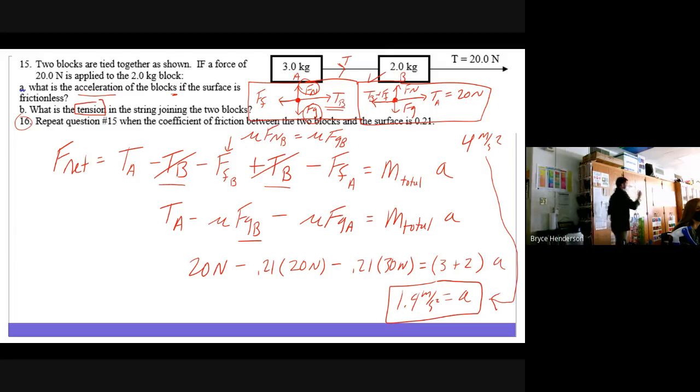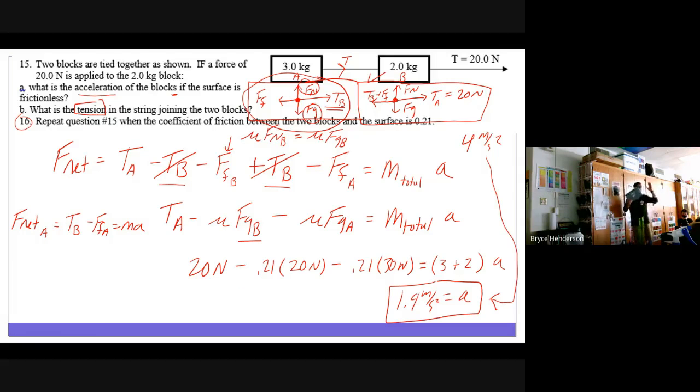You have to pick a block. So if we choose one of the blocks, for example, let's choose this one. That looks a little easier. All I have is tension and net force of friction. So net force just on block A would be the tension B minus force of friction A equals mass times acceleration.